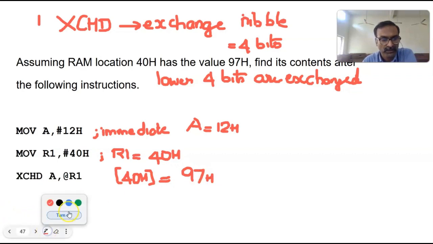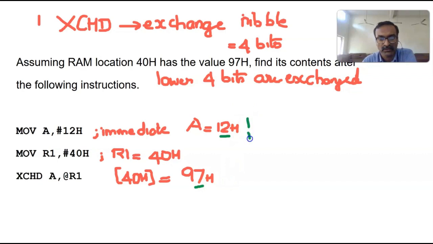So what this instruction does is it exchanges the lower nibble. The lower nibble of accumulator is 2 and the lower nibble of 40H is 7. So only the lower nibble is exchanged.